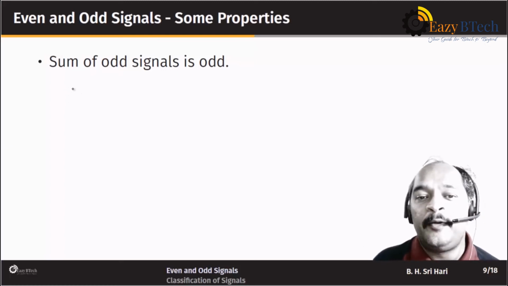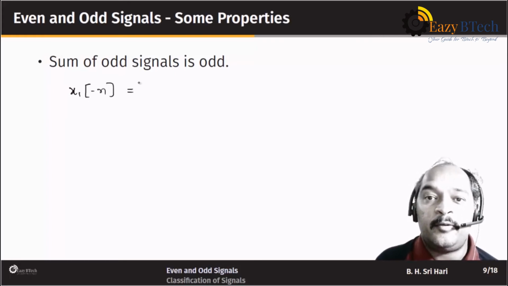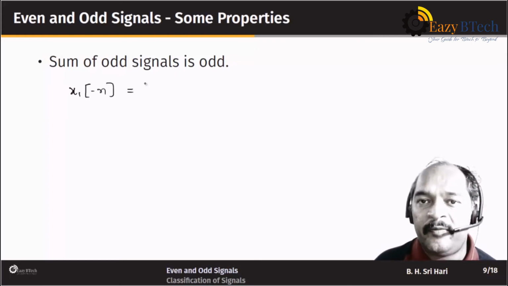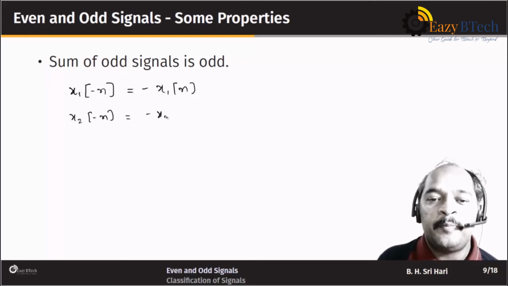So I will prove this by taking discrete time signals. We have two signals x1 of n and x2 of n, and they are assumed to be odd, and hence x1 of minus n is equal to minus x1 of n, and x2 of minus n is equal to minus x2 of n.